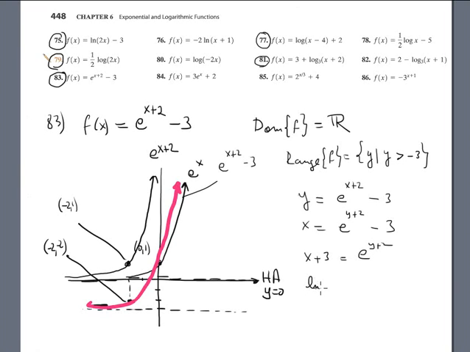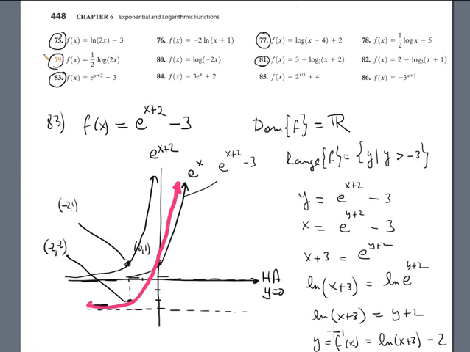Apply natural logarithm because it's the logarithm associated with the same base. Natural log of e to the y plus 2 cancels out. This is natural log of x plus 3 equals y plus 2, then y, which is the inverse function, is equal to ln(x plus 3) minus 2, and this is the inverse function.